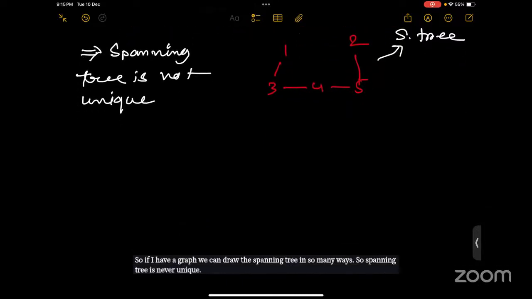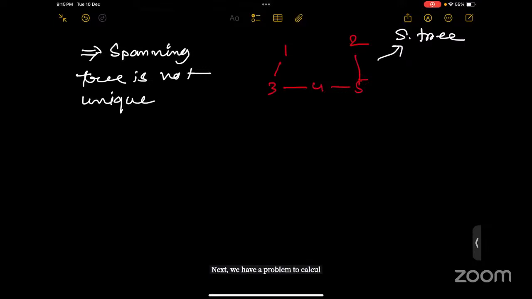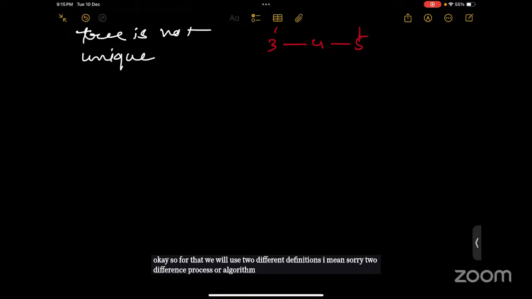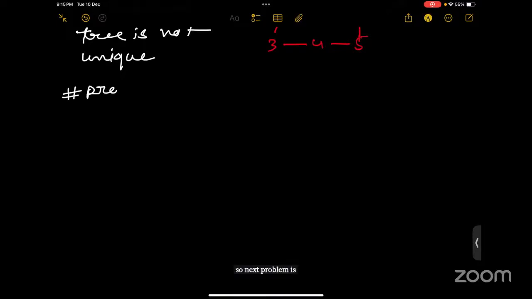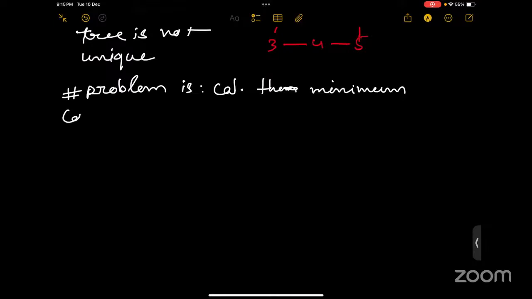Okay. Next, we have a problem to calculate the minimum cost spanning tree. For that, we will use two different processes or algorithms. So what is a minimum cost spanning tree?